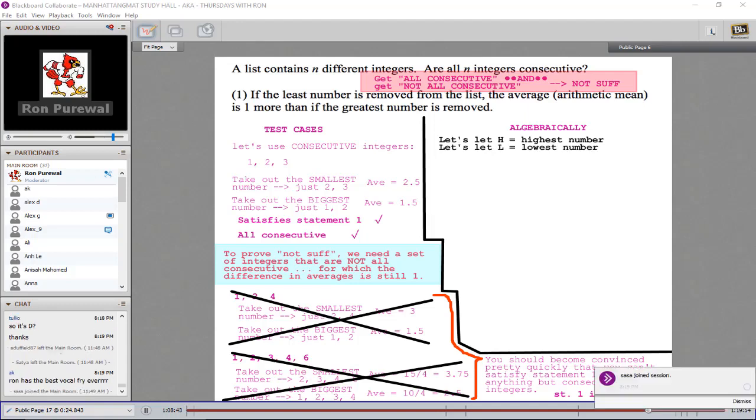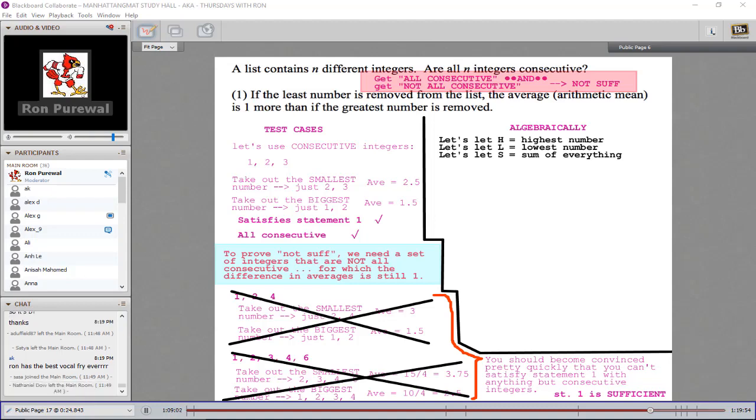Then we have these averages. Notice the average is the sum of everything in the set. So let S be the sum of everything in the whole set. Let's just see where this goes.